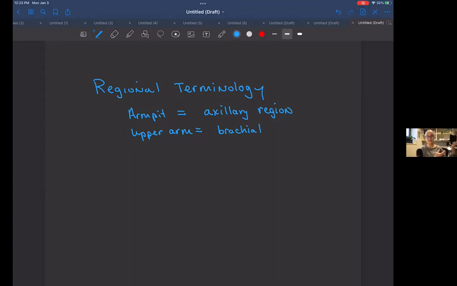And that is different than the muscle that is called the biceps femoris. So the biceps femoris is down in your femoral region of your body, which is your leg. So it's actually your thigh. So the thigh is the femoral region. Brachial region, femoral region.